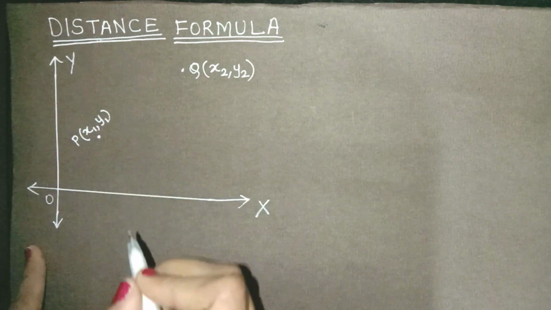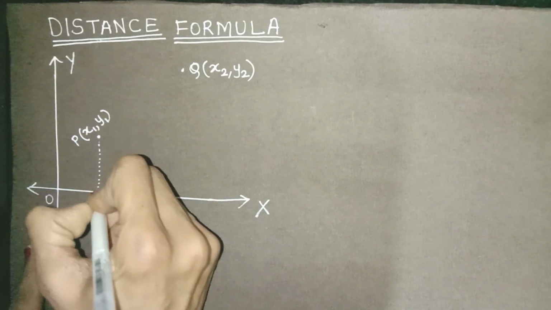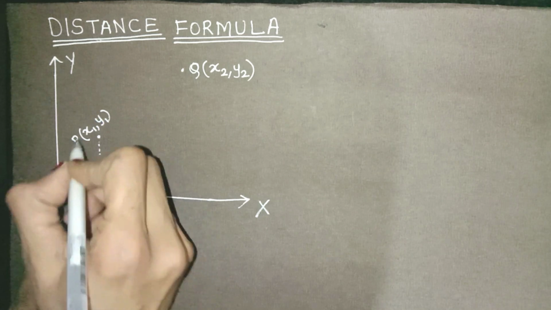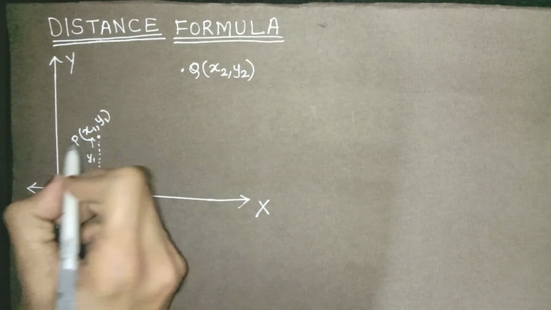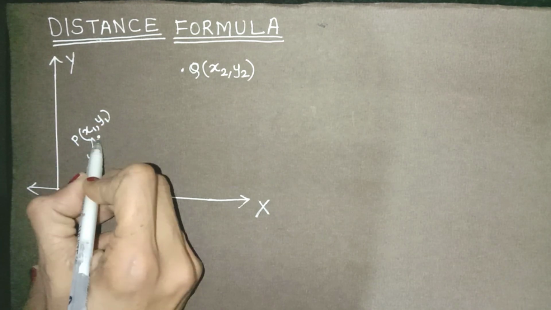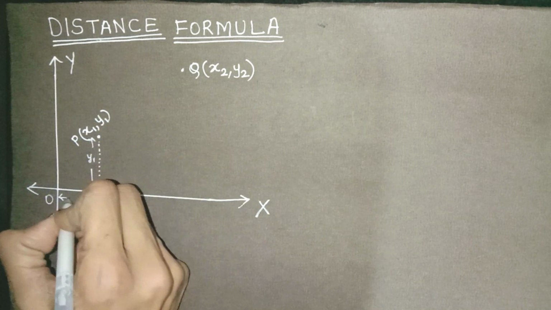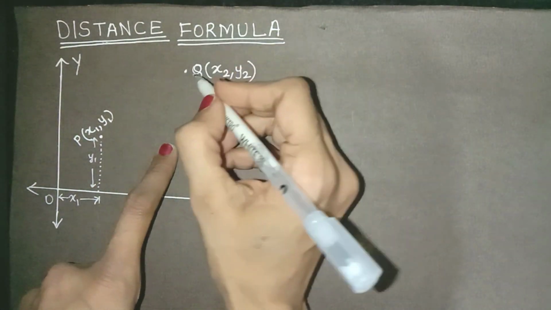So shall we mark all those things, friends? Let's quickly do that. This is the perpendicular distance from the x-axis. So what is it known as? Yes, it is known as y1. And this distance, did you see that? This is the distance of that point from the y-axis. So I'll call it as x1. Similarly, let's see point Q also.